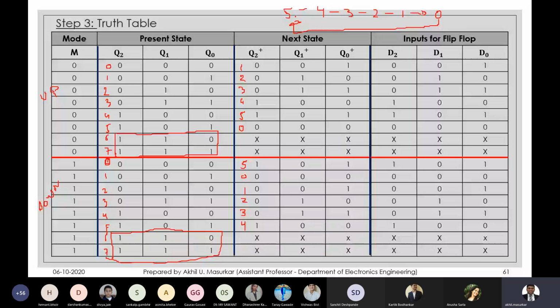Karthik, Anushka, have you copied this? Shubham? Yes, sir. Start solving for D2, D1 and D0.